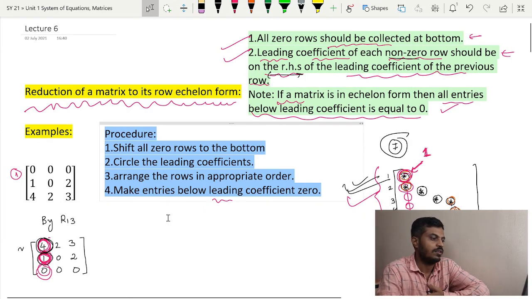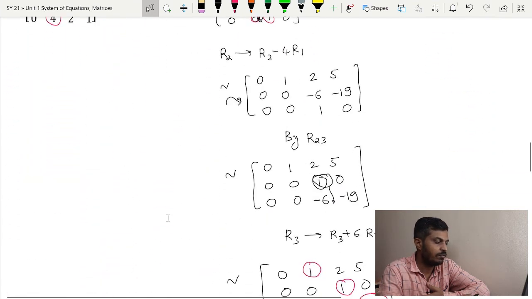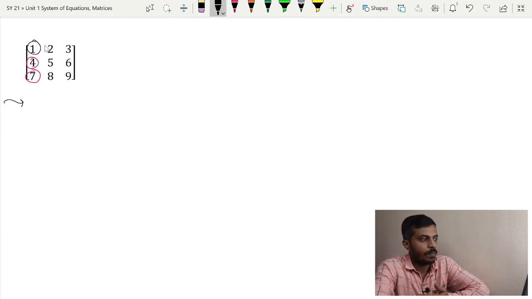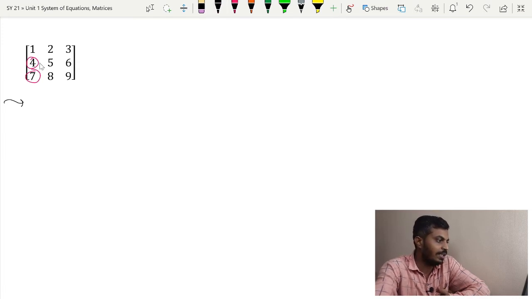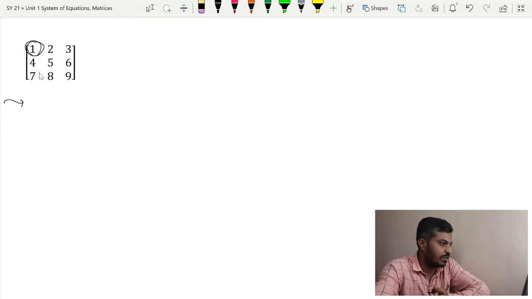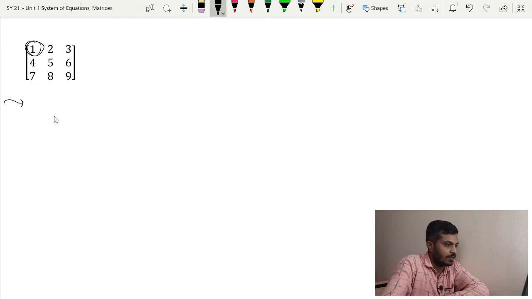We have to make all the entries below the leading coefficient to be 0, and I have already told you that we try to make this entry 1, which is already 1, so no worries. So directly we will use this 1 in order to make all the entries below this 1 to be 0. So which operations will I perform? So I will say by.